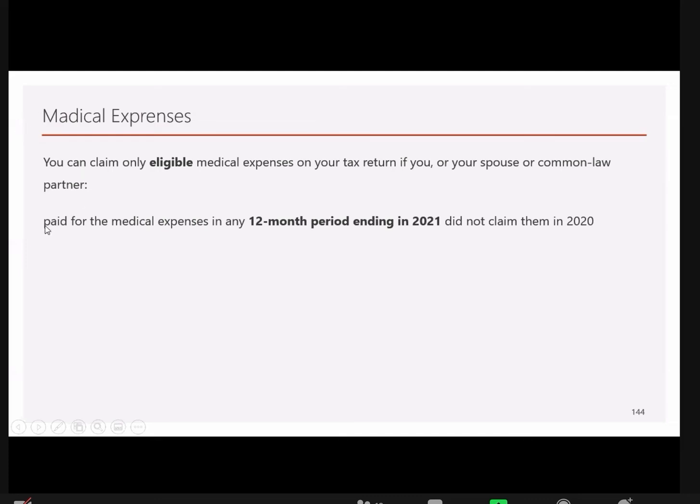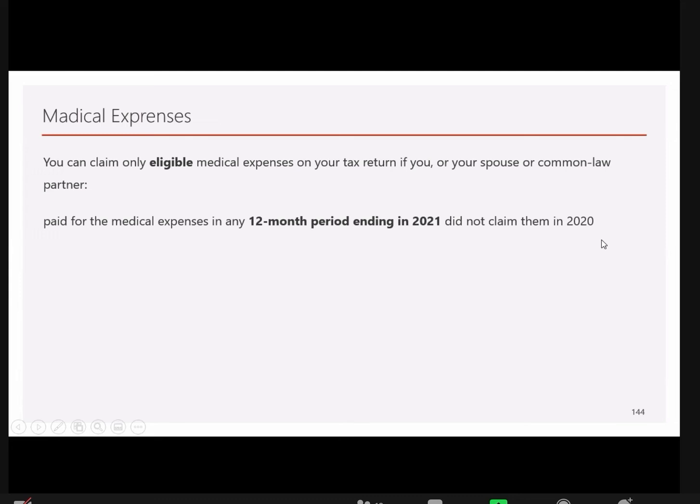So, paid for medical expenses in any 12-month period ending in 2021, not claimed in 2020. That means 12 months, but with an ending. Ending means the last month, which is in the 2021 return year. So the earliest one is, if you are not claiming in 2020.